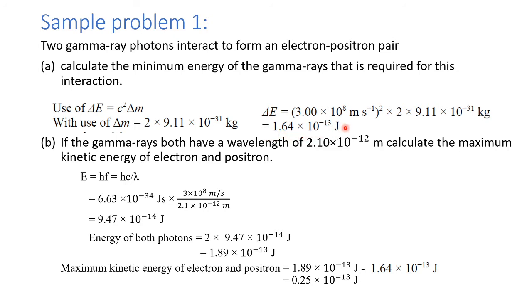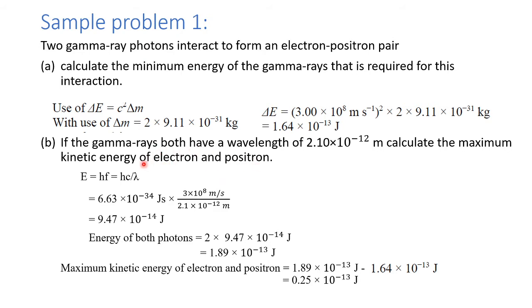Now if the gamma rays both have a wavelength of 2.1 × 10^-12 meters, we want to calculate the maximum kinetic energy of the electron and positron together. So we get the extra total energy that these two have.